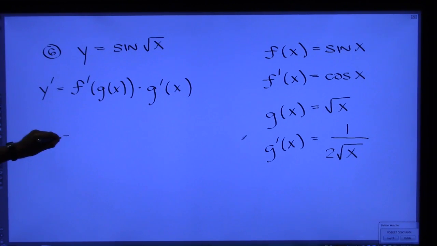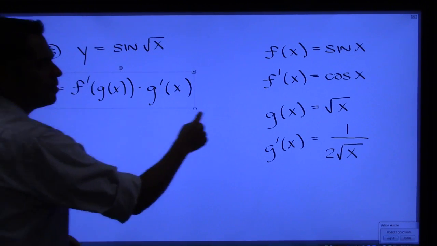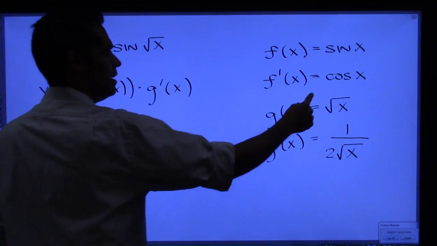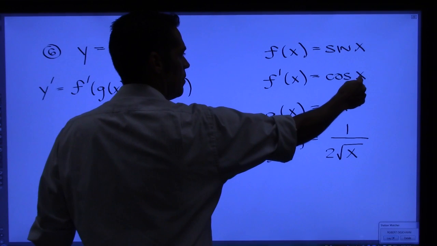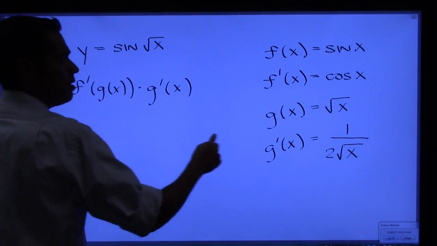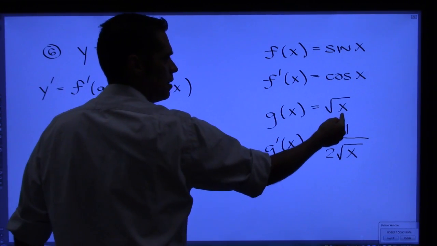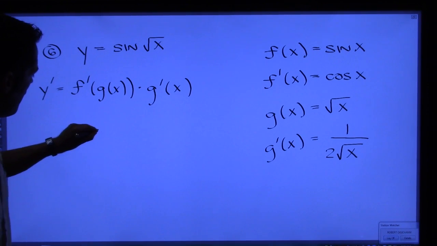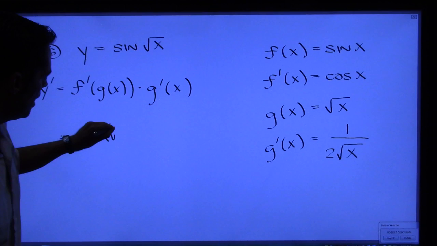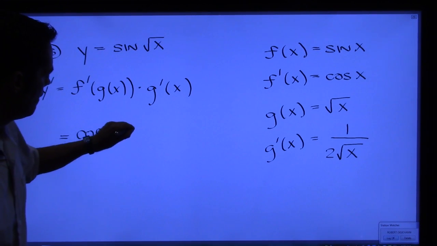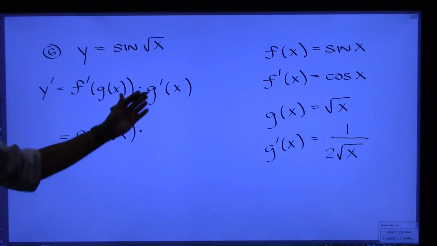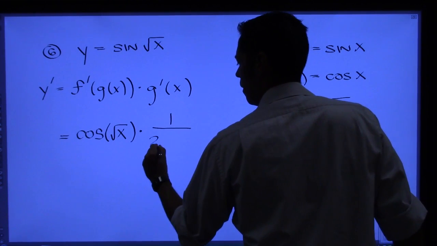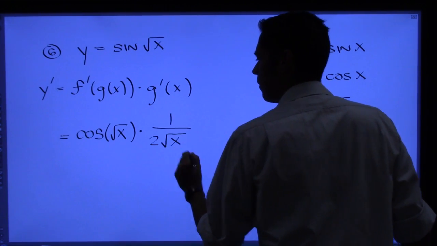So that should be the derivative of f, which is this, but instead of plugging in x, I'm going to plug in g. So I'm going to take this and replace that x with this right here. So I'm going to have cosine of root x, I don't need the parentheses, times now the derivative of g, which is 1 over 2 root x.